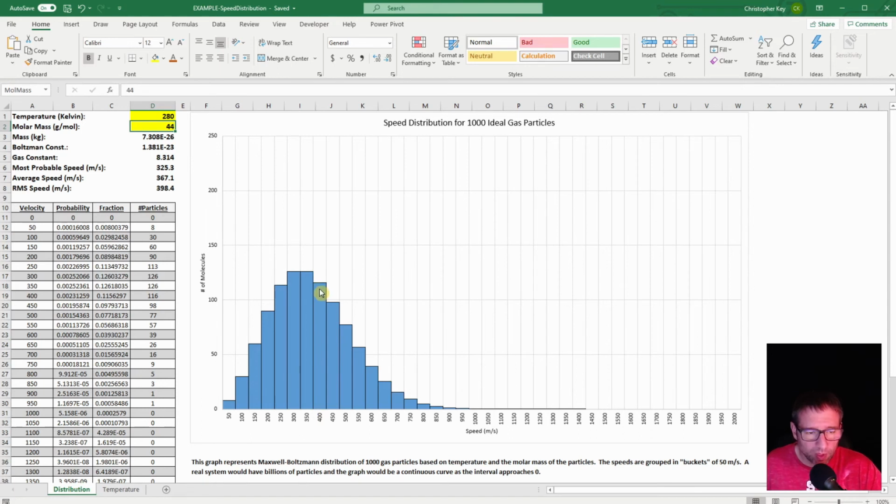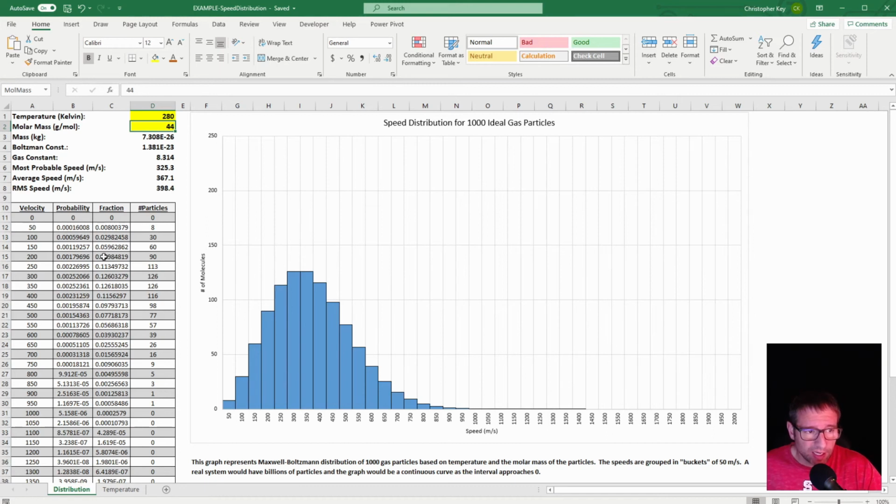So if you remember from our previous chart that we were looking at, you can see that these particles are distributed in that kind of bell-shaped curve. It's actually a Maxwell-Boltzmann distribution. It's not a bell curve. And you can see that in this particular case, I've only made my system have 1,000 particles. What I've done is I've used a function to calculate the probability of each particle at each velocity.